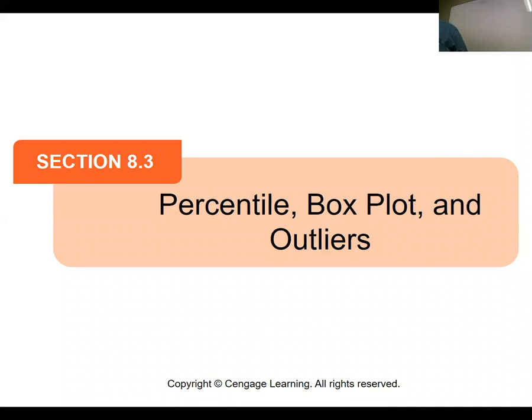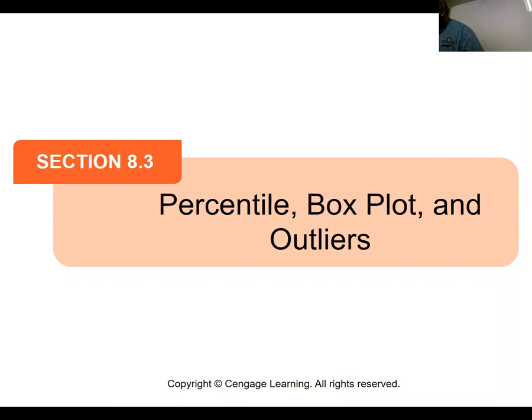All right, so today we're going to look at section 8.3, which deals with percentiles, box plots, and outliers. Here we're going to talk about how to locate a data value that is in a certain percentile, and then we'll also find out what number corresponds to a given percentile.